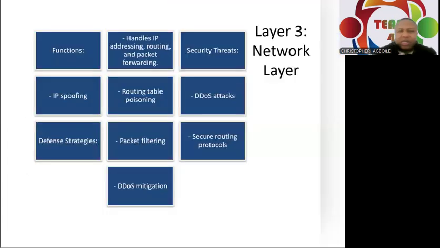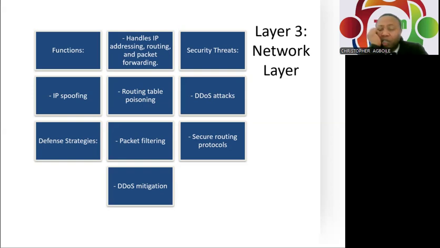Then you now talk about layer 3, the network layer. The network layer is responsible for IP addressing, which we already mentioned. The protocols are IPv4, IPv6, ICMP, and routing protocols like OSPF and BGP. What are the common attacks on this level?